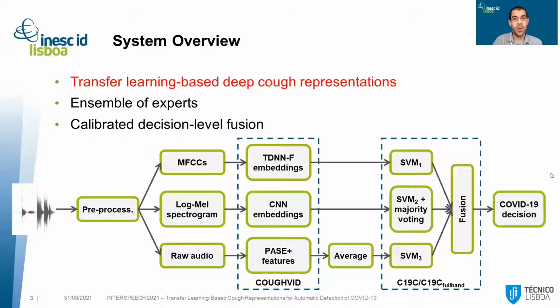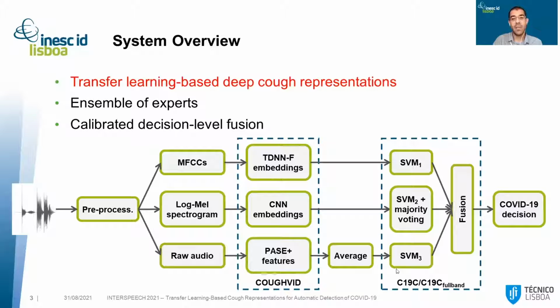And that is the case here, where a relatively small quantity of data was available in the provided dataset to train our system. So we decided here to explore the possibility of using transfer learning to develop a set of 3 expert systems based on deep CAF representations, namely x-vector embeddings, CNN embeddings, and problem-agnostic speech encoder features.